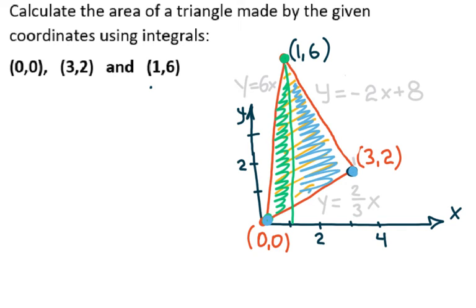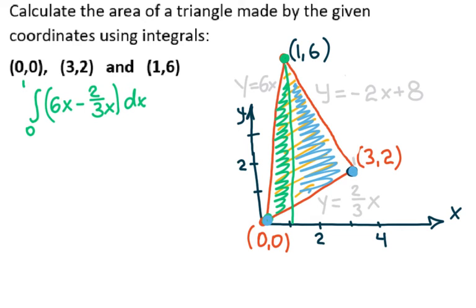So for the green part, I have the integral, and on the x-axis we're going to go from 0 to 1, and the function that is on the top is 6x, and the function that is on the bottom is 2/3 x, dx.